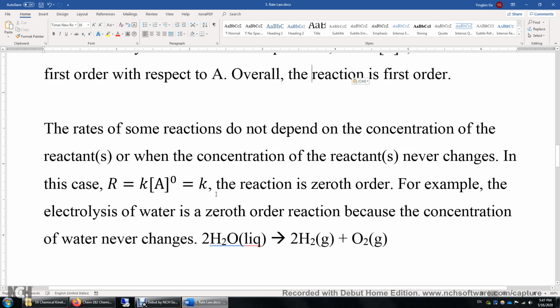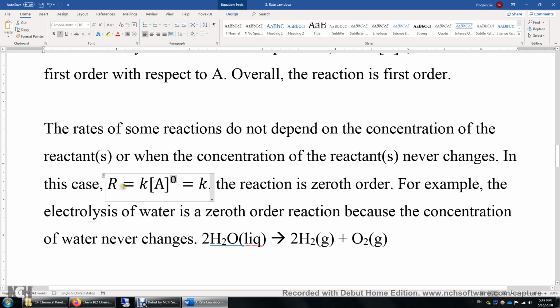The rates of some reactions, not many, but there are some reactions, their reaction rates do not depend on the concentration of the reactants, or the concentration of the reactants never change. In this case, R is proportional to the reactant to the power of 0.